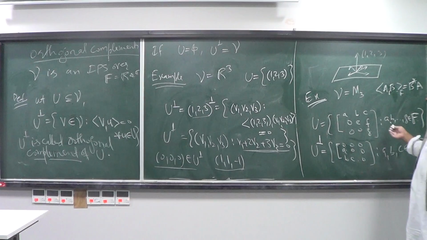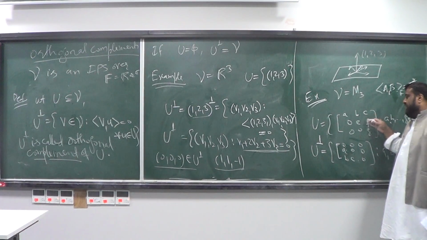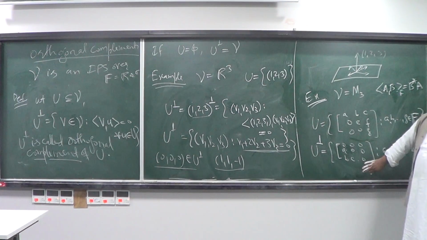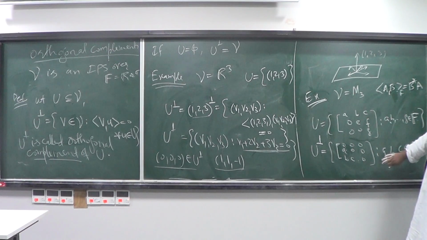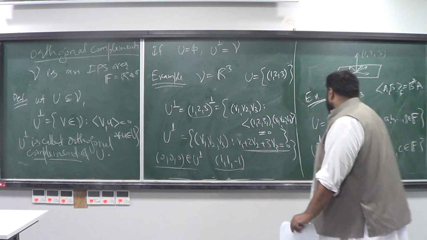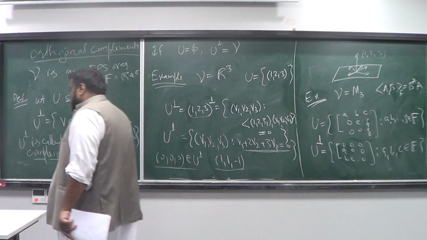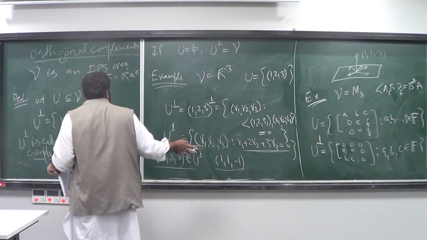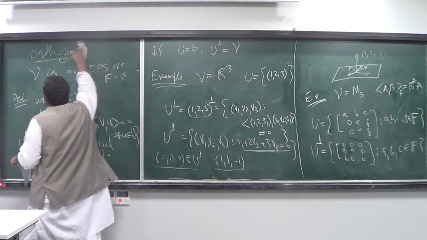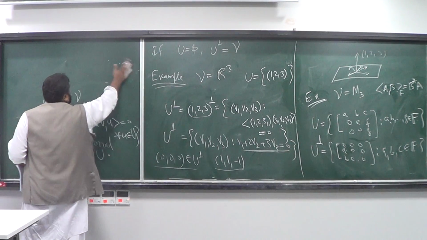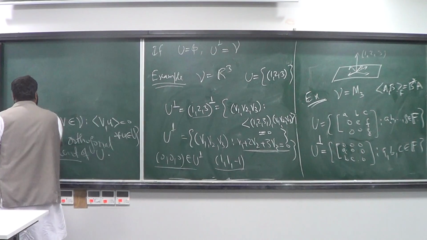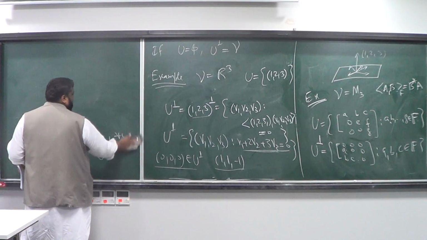If you take the collection of lower triangular matrices, the U perp is going to be equal to the collection of the strictly upper triangular matrices actually. Okay, so that's another example of the orthogonal complement.